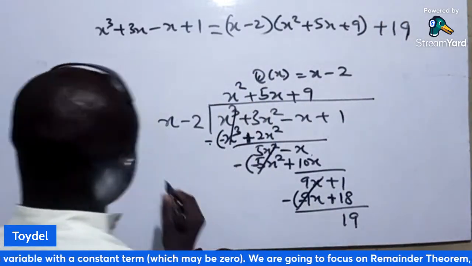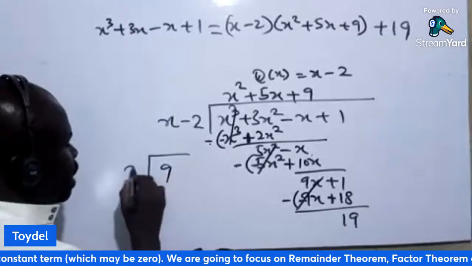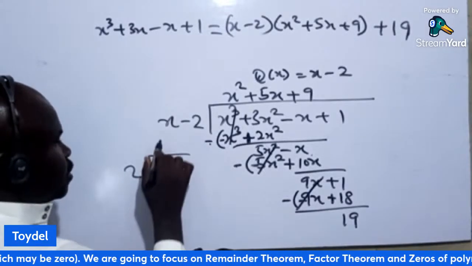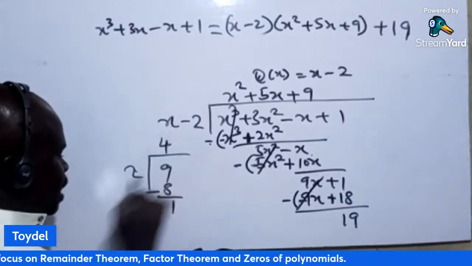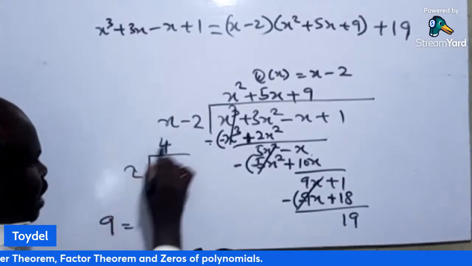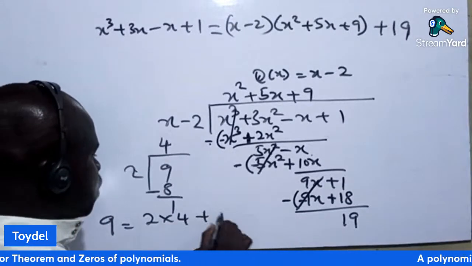That is just like when you have, at the elementary level, 9 divided by 2. 2 in 9 is 4. 4 times 2, 8. There will be natural negative, you have 1. Then how do I get this my 9? 9 will now be equal to 2 times 4, 2 times 4 plus 1.